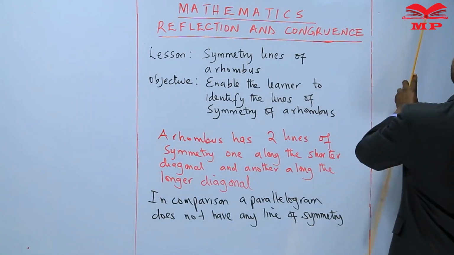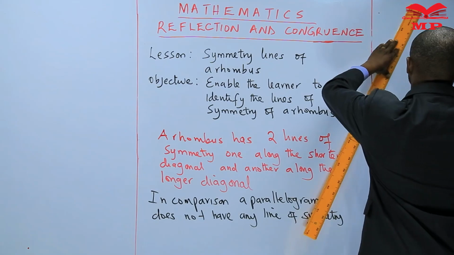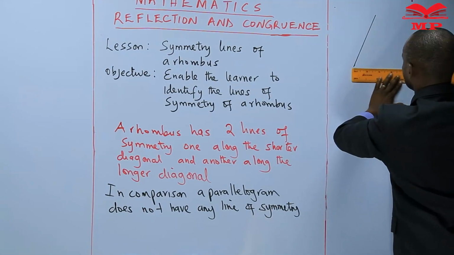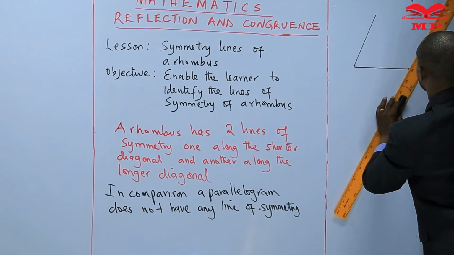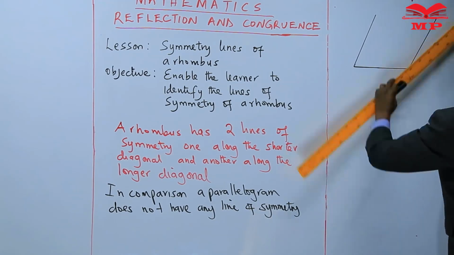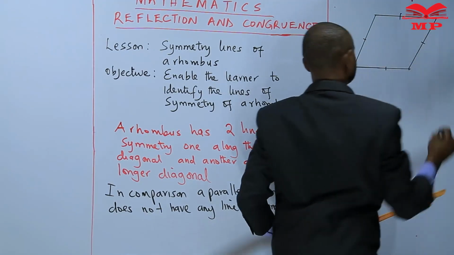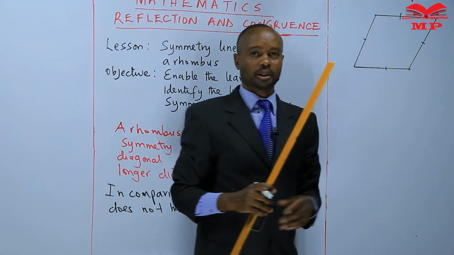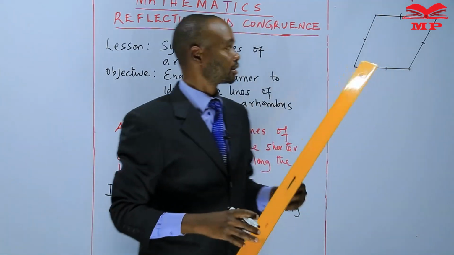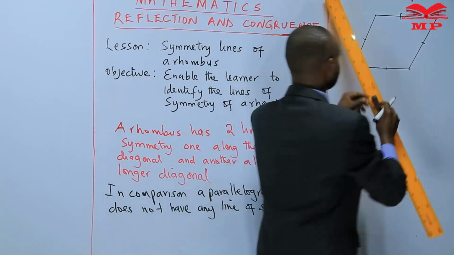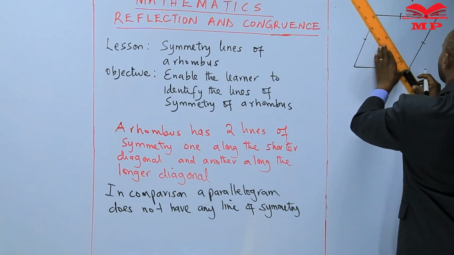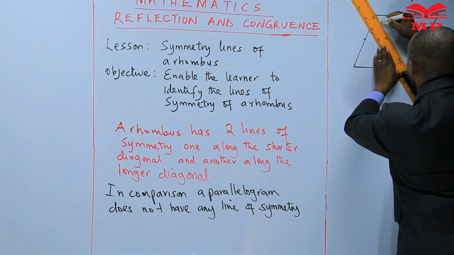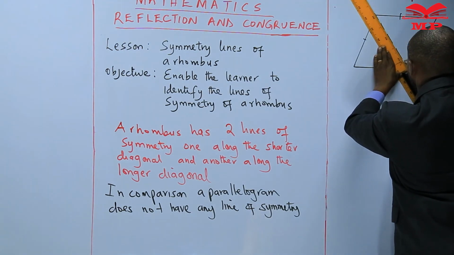So we shall just show them here. It is a mark on the rhombus to show that all the sides are equal. So you've seen one of the lines of symmetry is along the shorter diagonal.